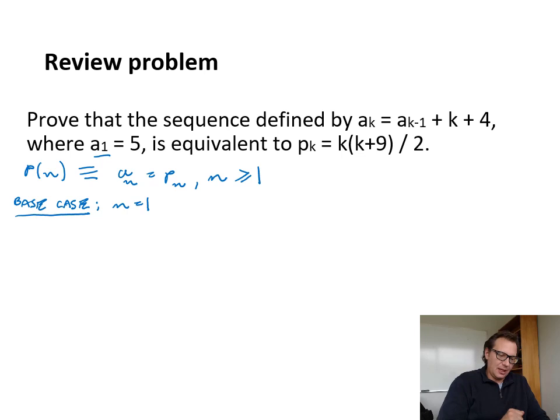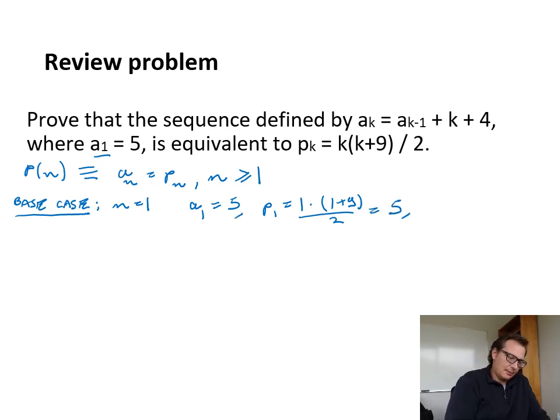So base case when n is equal to 1, we want to show that, well, on one side we have a of 1 is equal to 5. On the other side we have p of 1 is equal to 1 times 1 plus 9 divided by 2, which is equal to 5. So we have a of 1 is equal to p of 1, and we prove the base case.